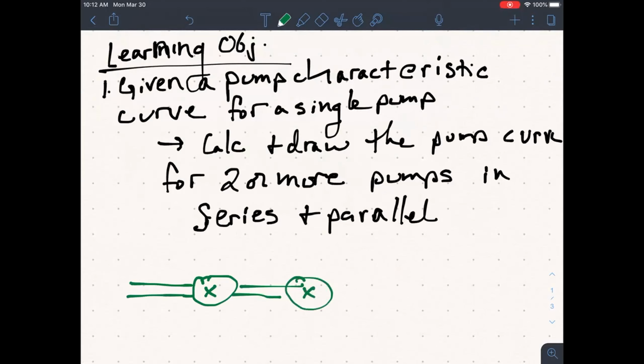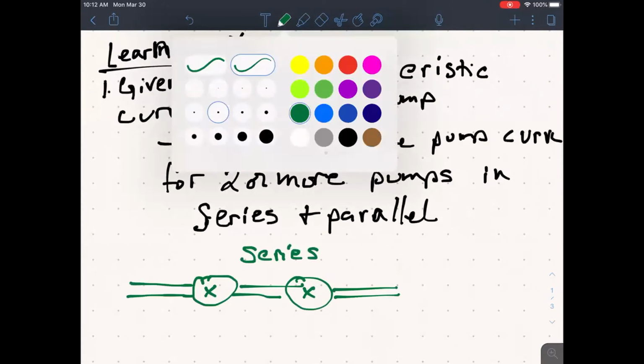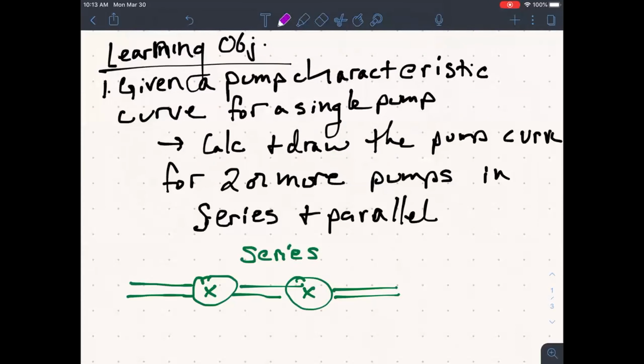These are pumps in series. Then pumps in parallel, in purple: we have a pipe, it branches, and these pumps are operating in parallel.